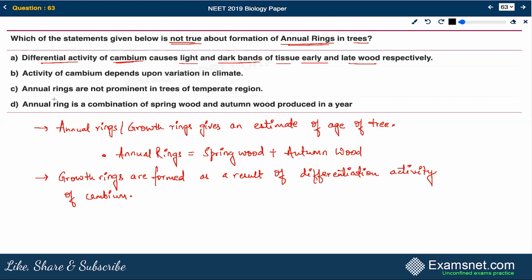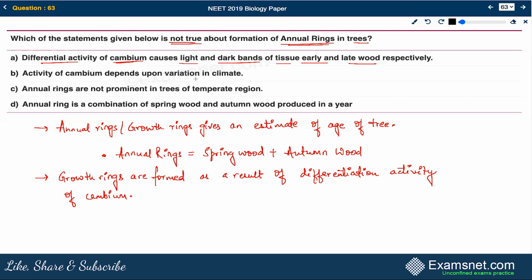Now the next statement says that activity of cambium depends upon the variations in climate. Definitely, the activity of cambium depends upon the variation in the climate, because if the climate is warmer or hot, then the activity of cambium will be very fast. And if the climate is cooler, or cold conditions are there, then the activity of cambium will be slow, and hence the division of cambium will be less.